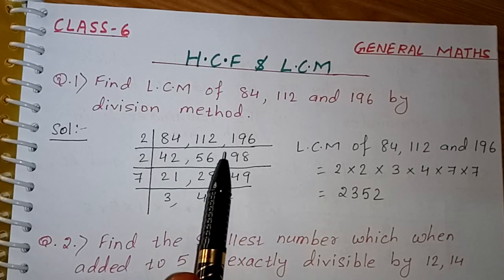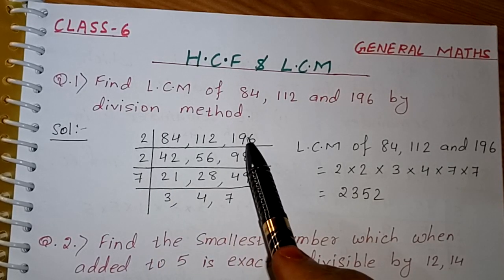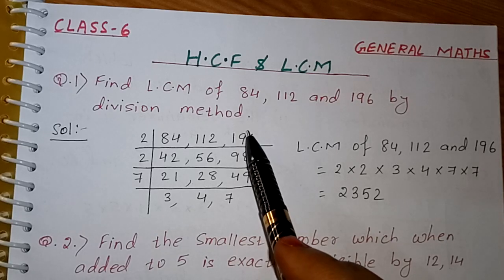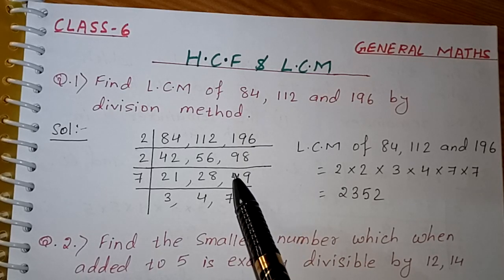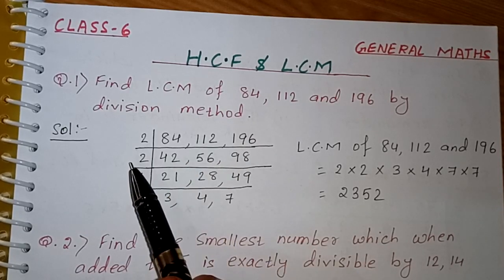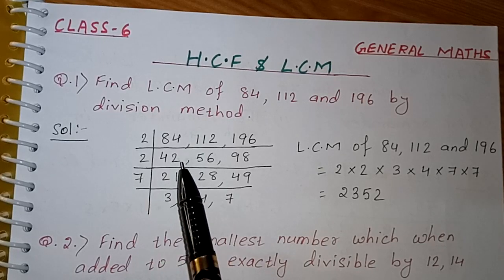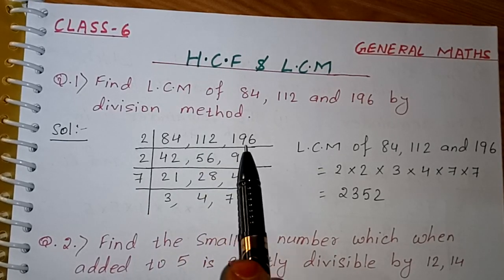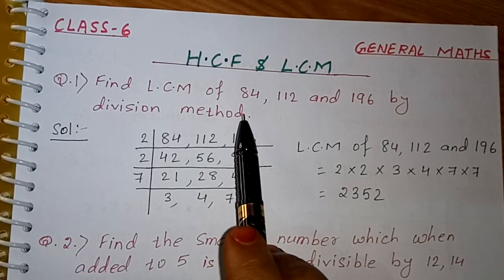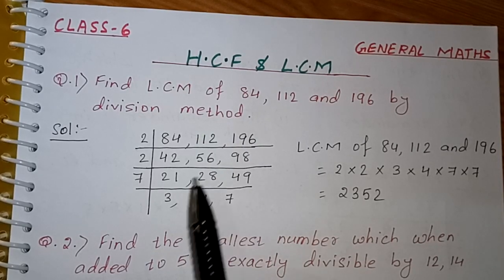Once again, if 2 can't divide any one of the numbers, then that number as it is we have to take down. Okay, suppose a prime factor you have chosen, and that prime factor can't divide one of the numbers, then that particular number you have to take down as it is.